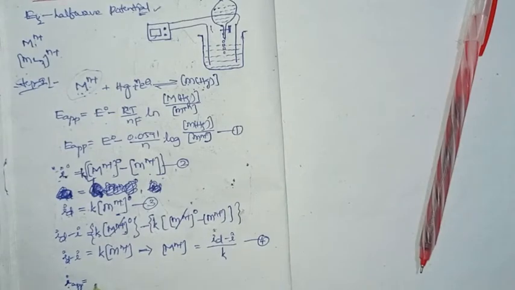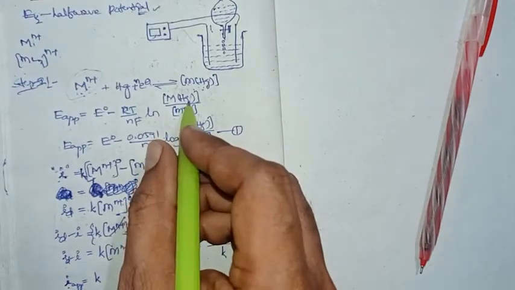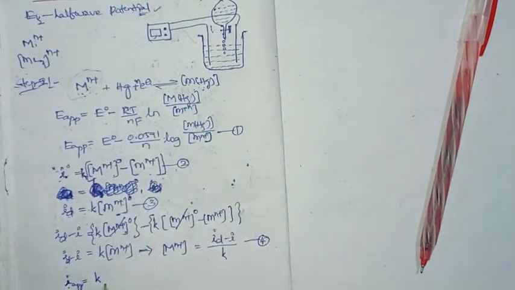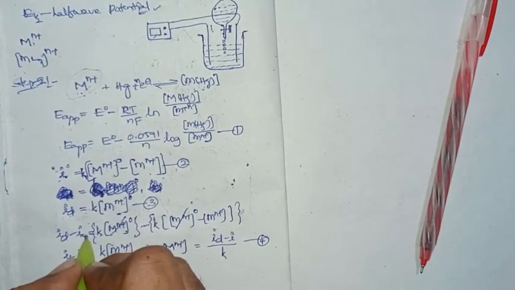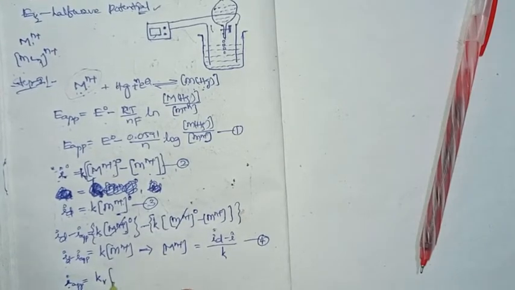So the applied current can be written as equal to a constant Kr times the concentration of metal amalgam.